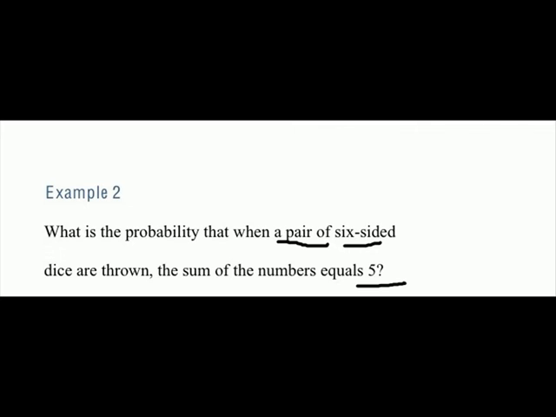Now the first thing in this example is to find out how many ways can you get a 5. So you can get a 5 when you have a combination of 1, 4, or 2, 3, or 4, 1 or 3, 2.